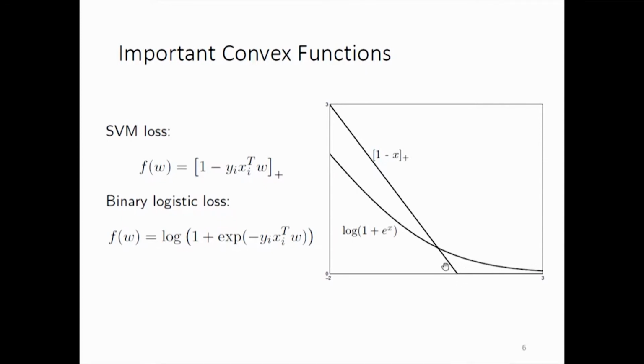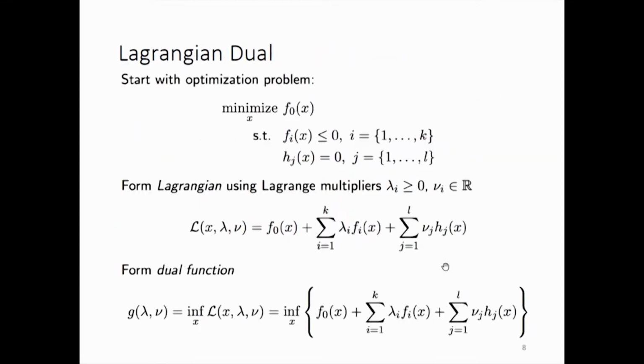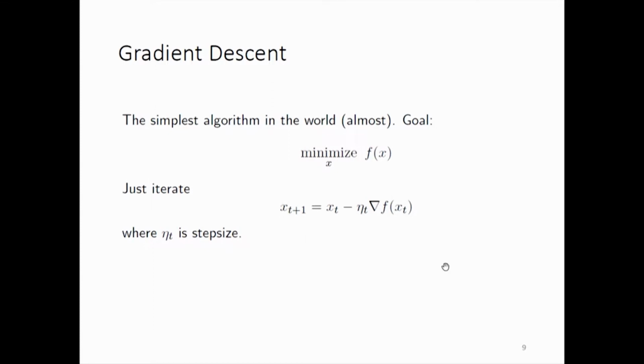Can you give one other example of a non-differentiable objective that you find in machine learning? Can anybody give an example? How many of you have seen the L1 norm regularizer? You have heard of lasso, right? The L1 norm is also non-differentiable, right?